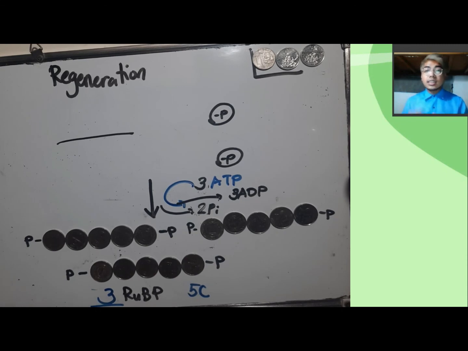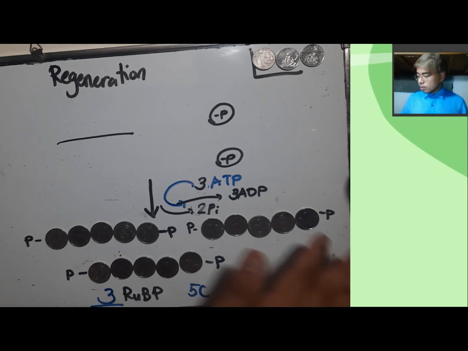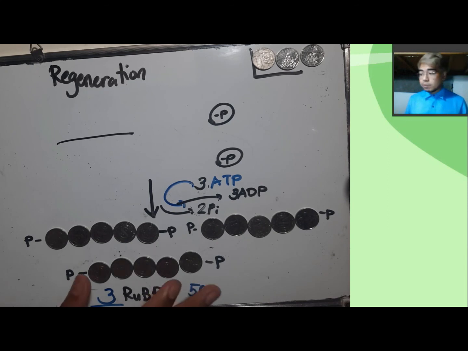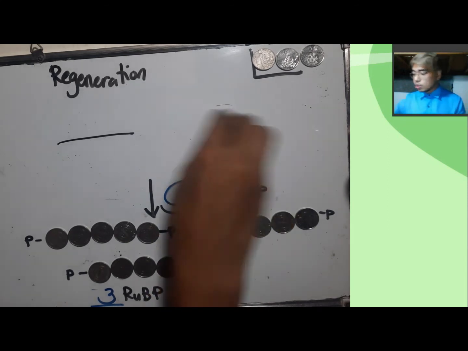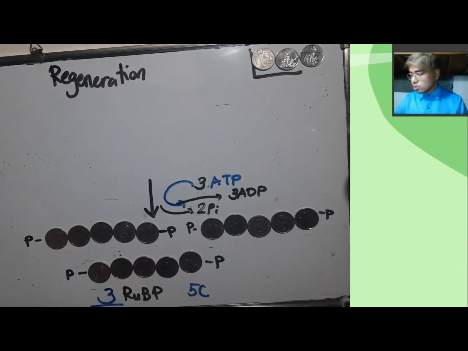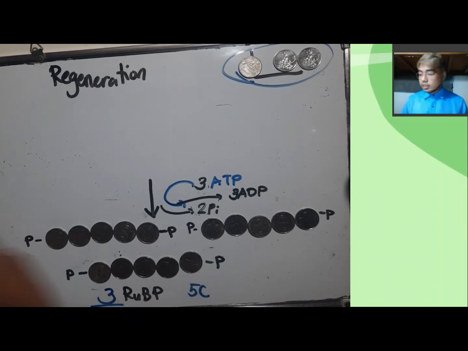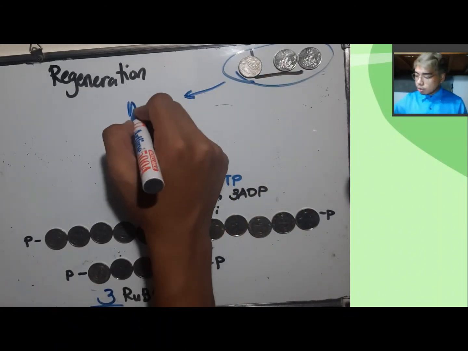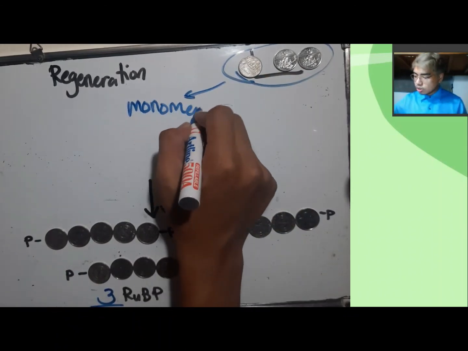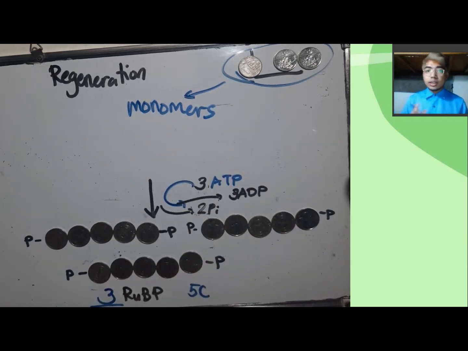We are just recycling every single one of them. Okay, so now, since we already created and regenerated the RuBP, the question is, what are we going to do with these released or captured G3Ps? These G3Ps are actually our monomers for the creation of the different types of sugars that are present there. Remember, 1 G3P is 3 carbon backbones.